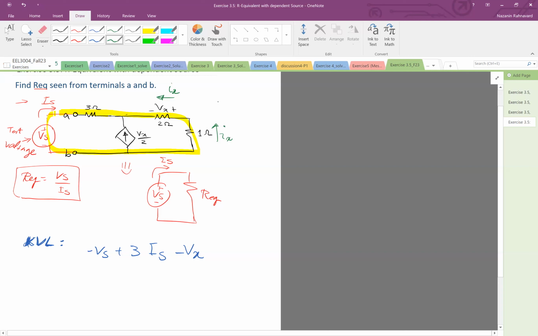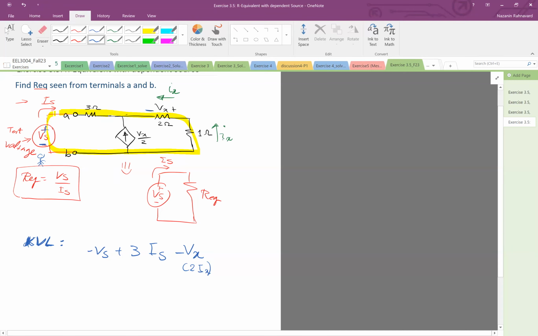Again, starting from here: negative Vs plus 3Is, come here, minus Vx. And instead of Vx, you can also say 2Ix, because Vx is equal to 2Ix.